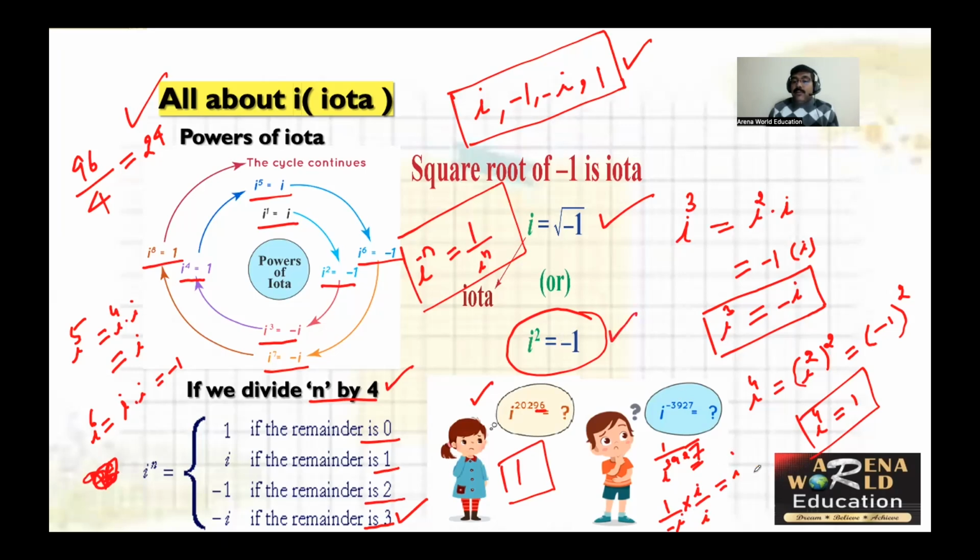So minus into minus will be plus, right? So here you will get iota raised to power minus 3927 equal to iota, right? In this way, if you know the powers of iota, you can solve all these questions in fractions of a second. I hope everybody is clear.